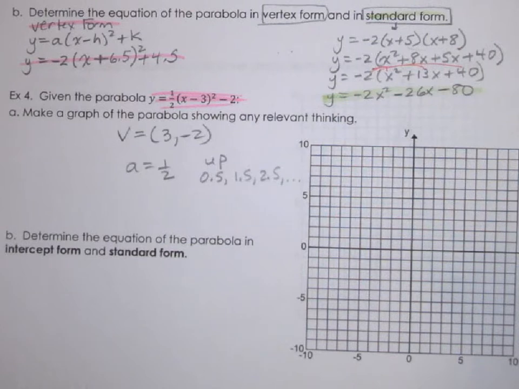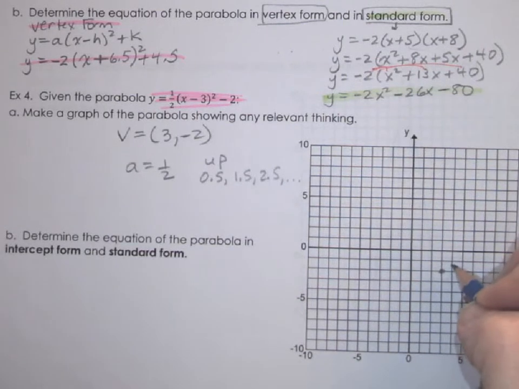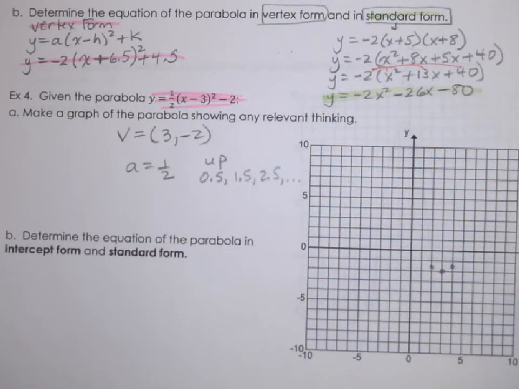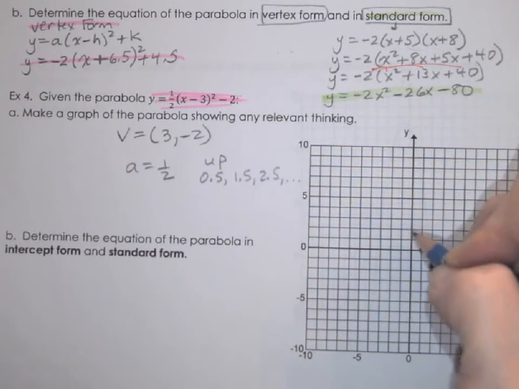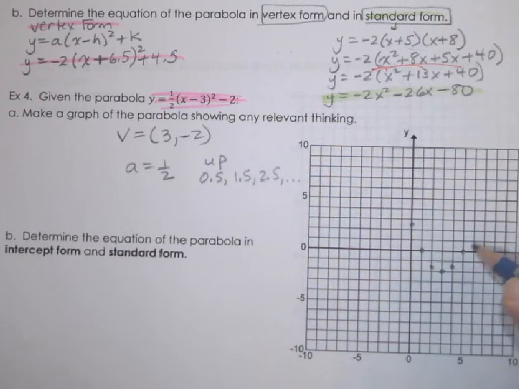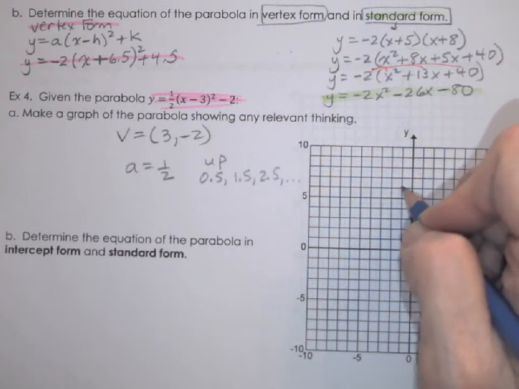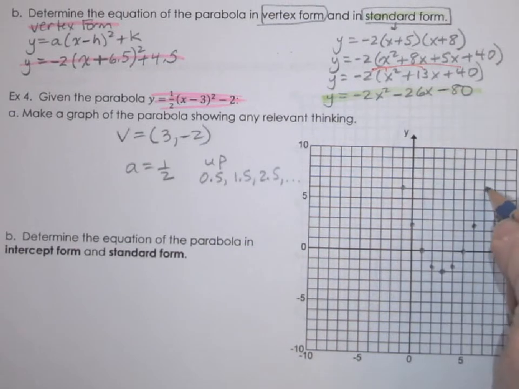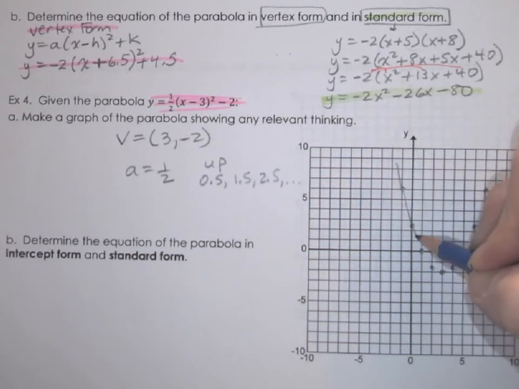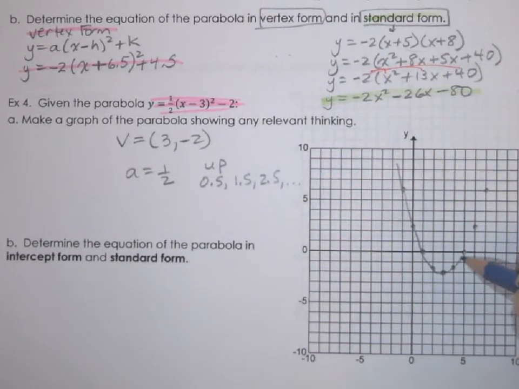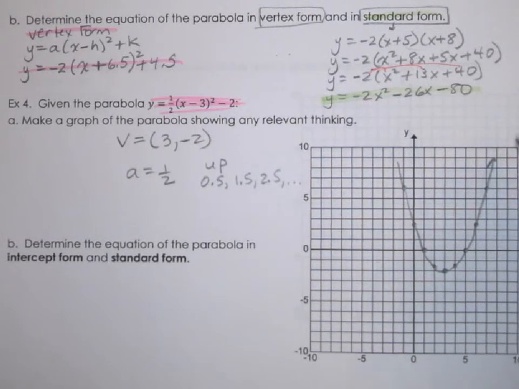So I'm going to plot the vertex at positive 3, negative 2, and then follow my step pattern. So over 1 up 0.5 on both sides, over 1 up 1.5 on both sides, over 1 up 2.5 on both sides, over 1 up 3.5 on both sides, and 4.5 doesn't fit, so then I'm just going to draw it in using my best smooth curve there, arrows on the ends.